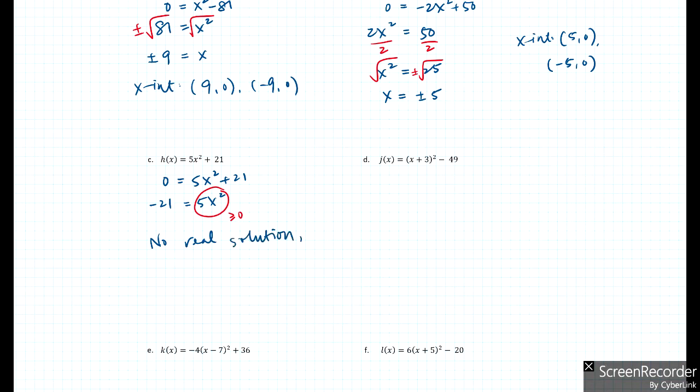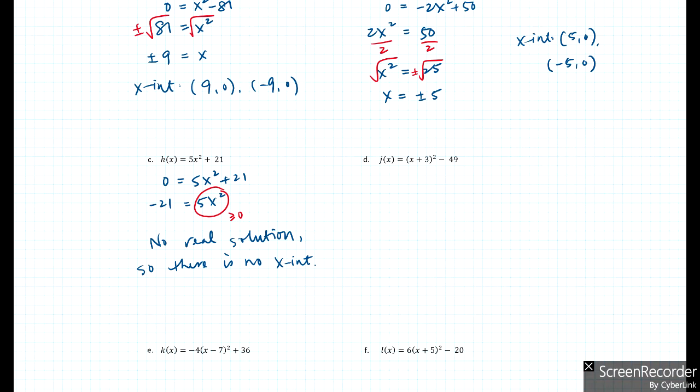So for our graphing purpose for x-intercepts, we would say there is no x-intercept for this function. And that's entirely possible. This parabola is just not touching the x-axis at all. So that would be the solution for this one.